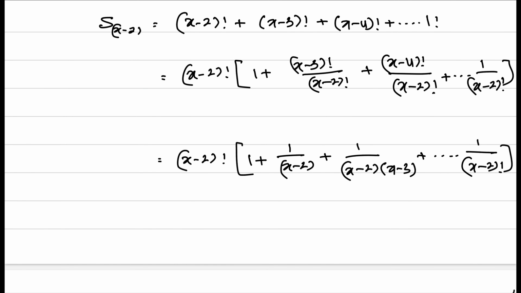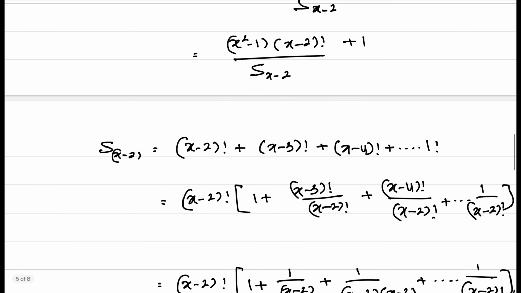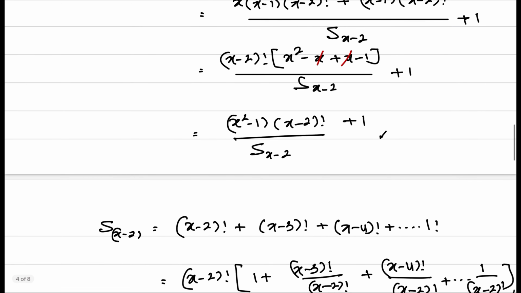Can we write like this? This can we place in this equation. Therefore, Sx, this is the answer required for this question.